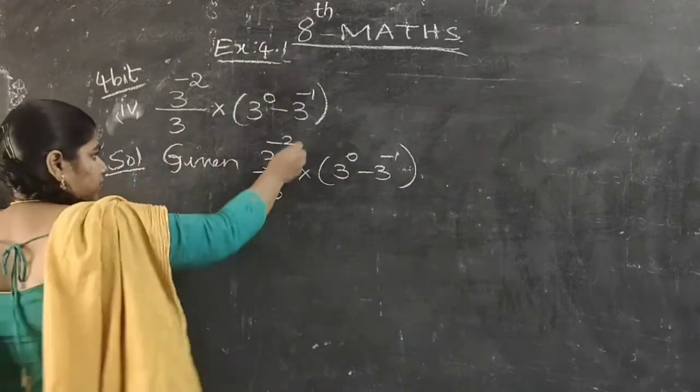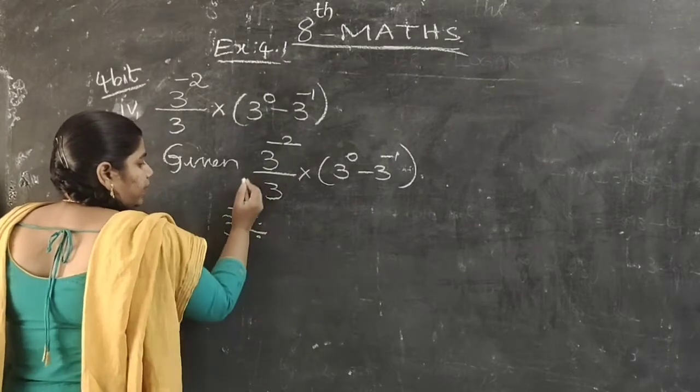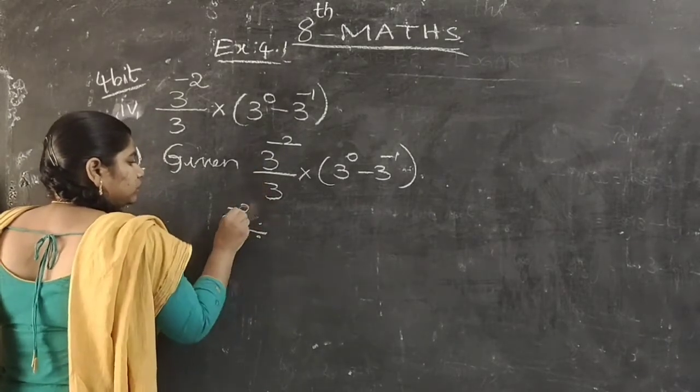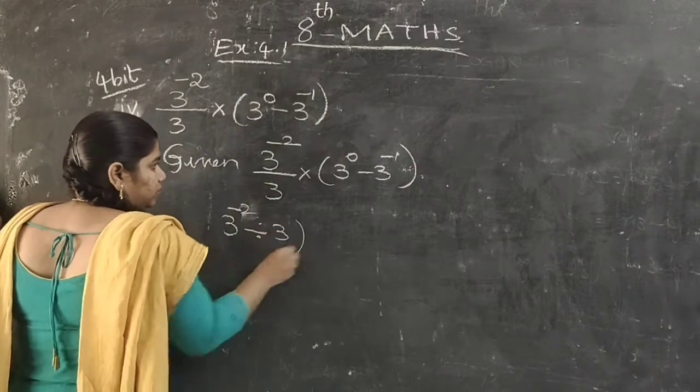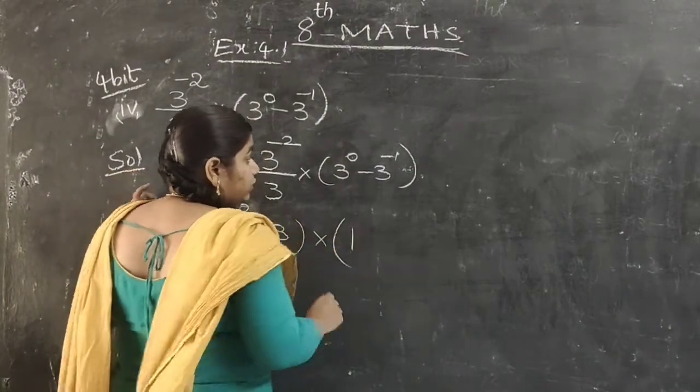So first I am writing this in a division form, divided by 3 into 3 power 0, which will always equal 1.